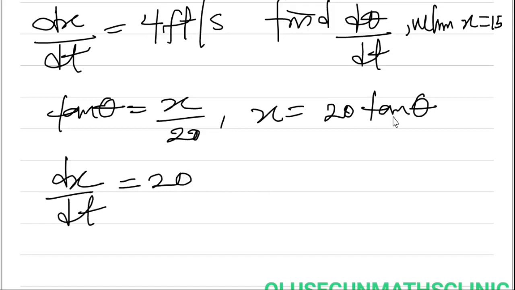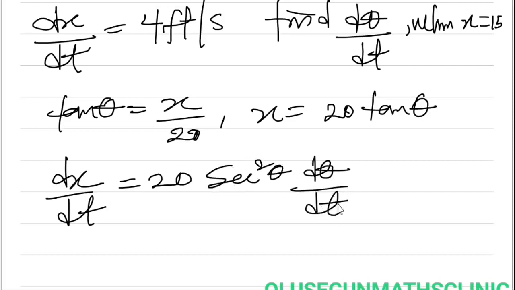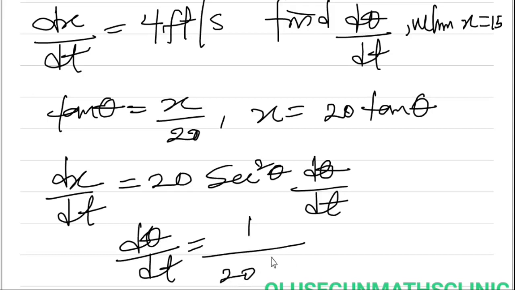When you differentiate, tan θ will give you sec² θ dθ/dt, because we apply implicit differentiation. So let's make dθ/dt the subject of the formula by dividing both sides by 20 sec² θ. So dθ/dt gives us 1 over 20 sec² θ times dx/dt.